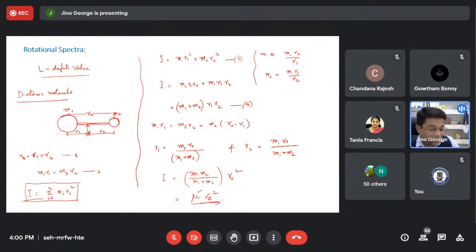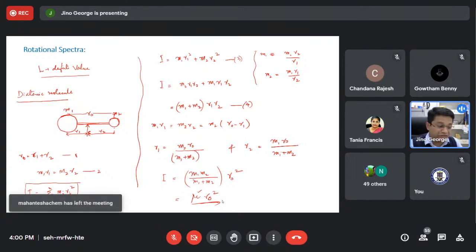This is the way of explaining the moment of inertia of a rigid rotor, where mu is the effective mass M1 M2 divided by M1 plus M2, and R0 is the fixed bond length.